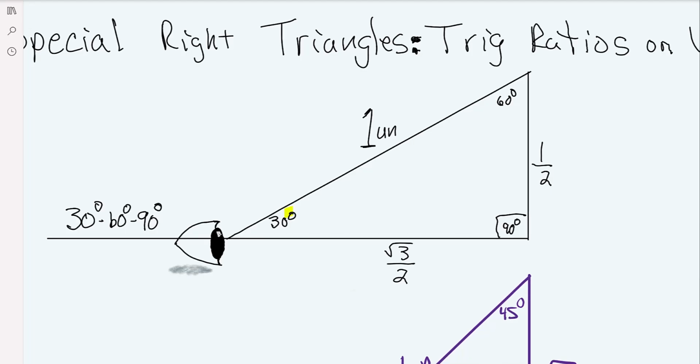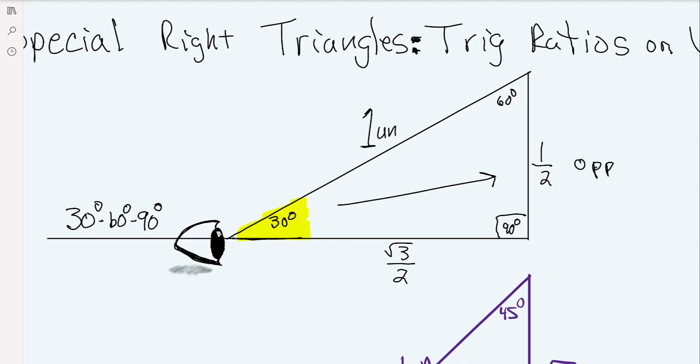When we say what is the sine of an angle, imagine that this thing right here is your eyeball. From the viewpoint of looking at this angle, the angle across from it is the opposite side.